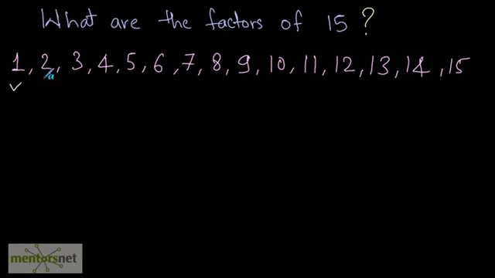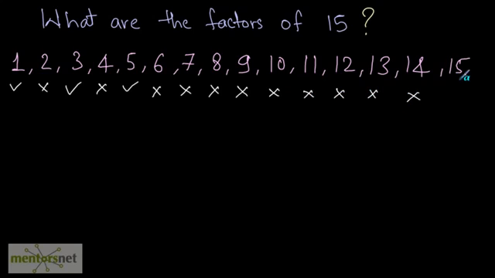2 cannot divide 15. 3 can divide 15, 3 5s are 15. 4 cannot divide 15. 5 can divide 15. 6 cannot. 7 cannot. 8 cannot. 9 cannot. 10 cannot divide 15. Not even 11, 12, 13, not even 14.